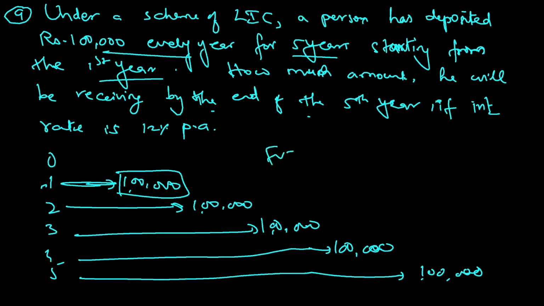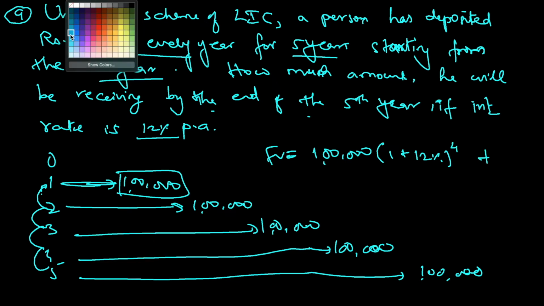So future value is equal to, for the first one, 1 lakh into 1 plus 12% to the power of the number of periods, which is 1, 2, 3, 4, so to the power 4.